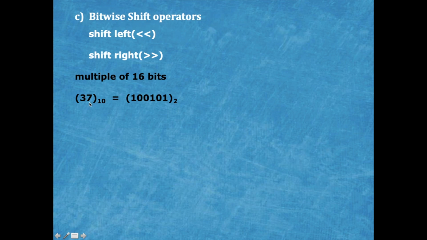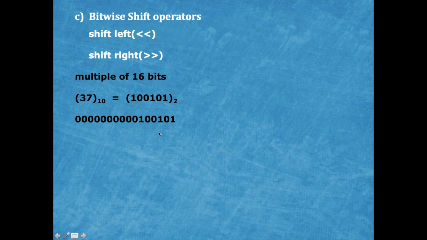When you convert 37 to binary format, the result is of 6 bits, 100101. Now if you want to use a shift operator with 37 in binary format, then you need to add 10 extra zeros on the left side and make it 16 bits like this. So this is how 37 should look when you use a shift operator with it.